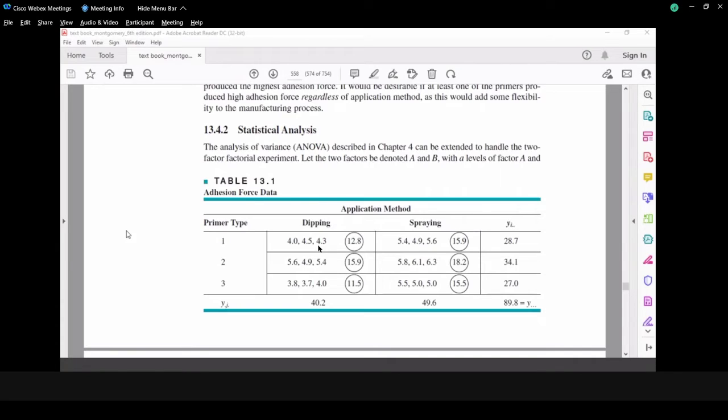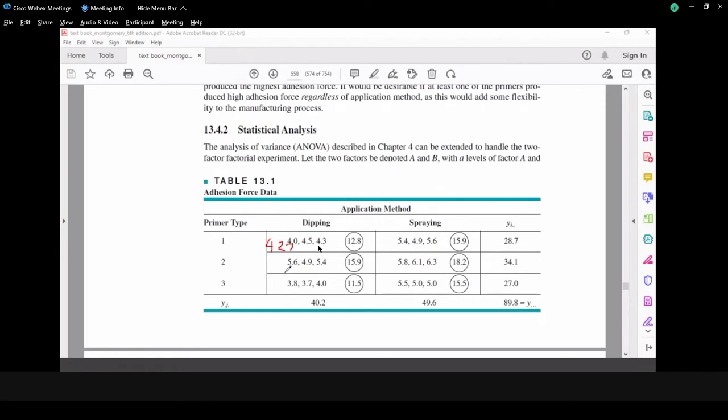That means 12.8 divided by 3. So 4.3 here is the mean. Actually 4.27, the mean for this cell.